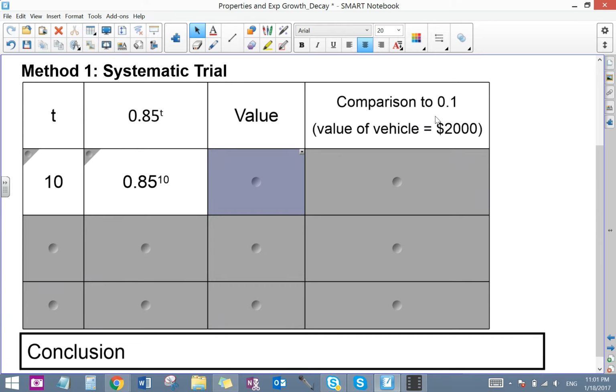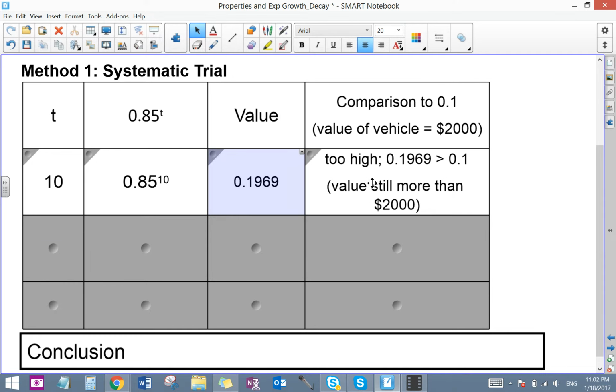Because that 0.1 is the value of the vehicle, the remaining or reduced value, the $2,000. So if I substitute the value of time in for t and evaluate, I get 0.1969. So that's still too large, meaning that my vehicle hasn't yet lost enough money to bring it to $2,000.